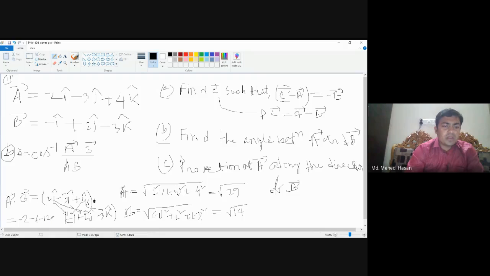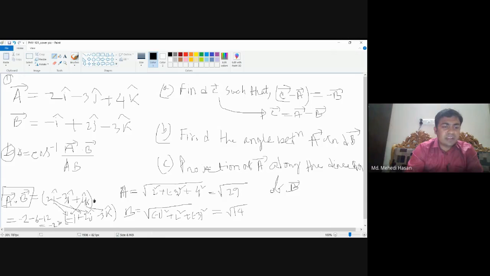So a dot b is a dot product, and the result of a dot product is a scalar quantity. If you write down minus 2i, minus 6j, minus 12k, it's not correct because it will be a scalar quantity, not a vector quantity. We know that i dot i is 1, so there will be no unit vector here. The answer is minus 20.